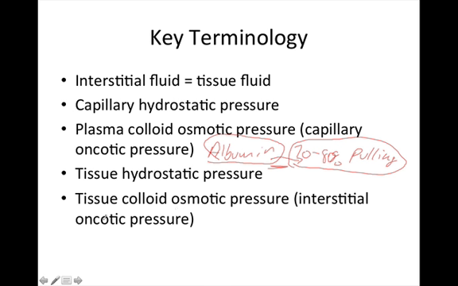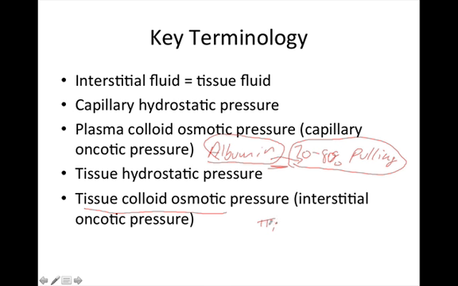Now, tissue colloid osmotic pressure is relatively low as well. When we're looking at our colloid osmotic pressures or oncotic pressures, this is typically when you're looking at your Starling forces. This is represented with the pi symbol. If they're talking about the tissue colloid osmotic pressure, it's pi I, I for interstitial.